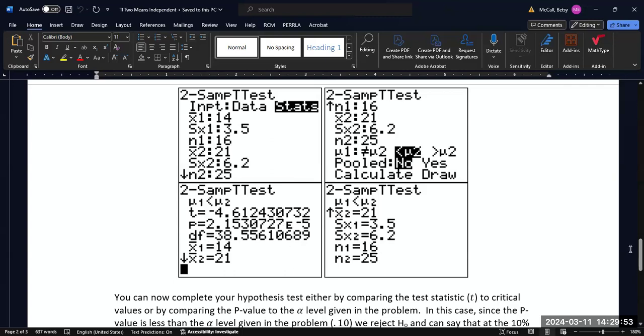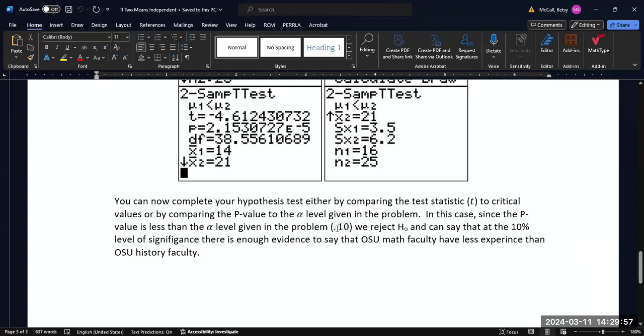This is much less than the 0.10 that we had as our significance level. It's way, way less. And so therefore we can reject the null hypothesis that they're equal, and we can conclude that this evidence does seem to suggest that the OSU math faculty do have less experience than the history faculty.